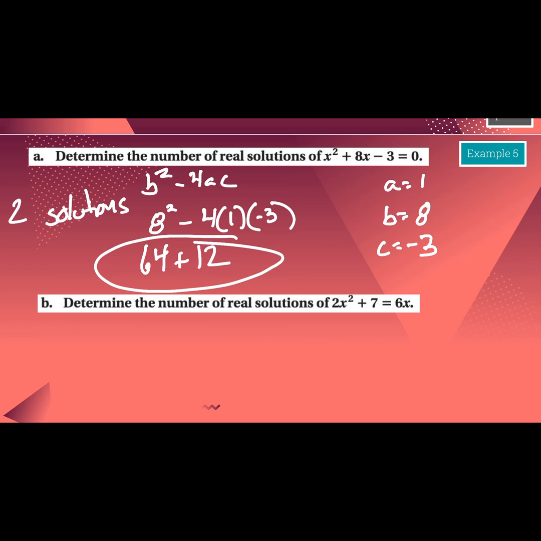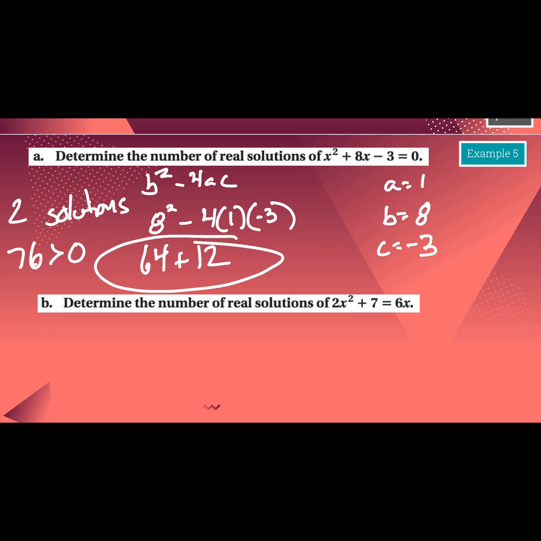It can be 76. They will ask you to show or explain your answer. So in your explanation, you would say that there are two solutions, and that 76 is greater than 0, which shows that you understand that if we have a positive number, then we have two solutions.